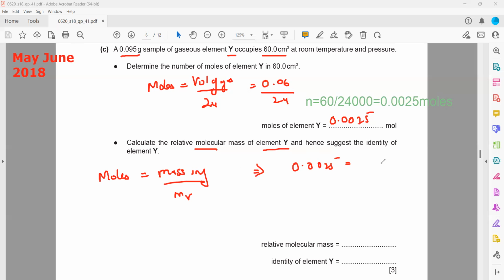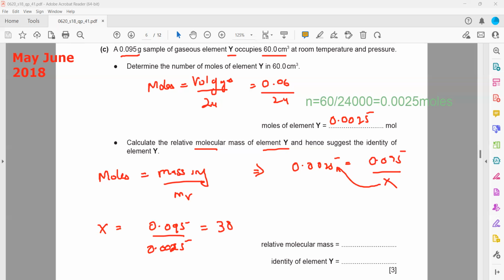The mass in gram is 0.095. The molar mass is unknown, so we cross multiply. The molar mass is equal to 0.095 divided by 0.0025. What's the answer? 38.